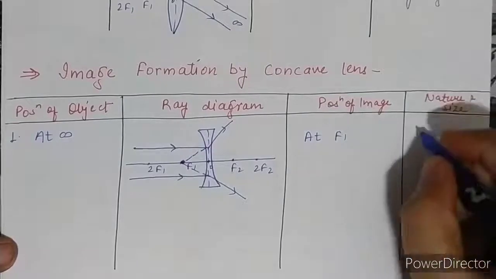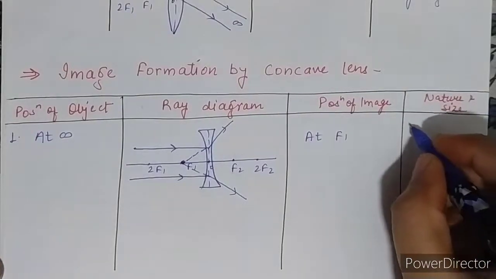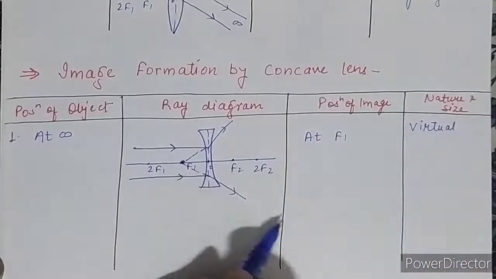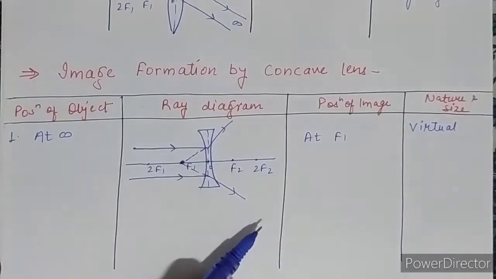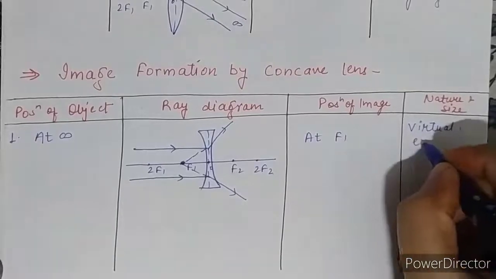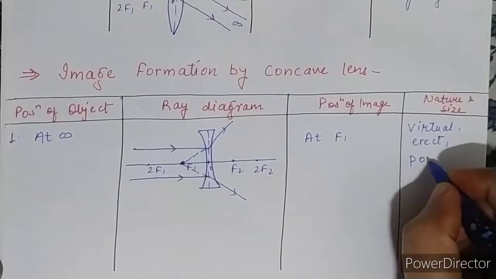The image formed here is virtual, because the rays are diverged, so they do not meet at any point. So we take the backward direction. If it is virtual, then it will be erect, and the size is very much point size.